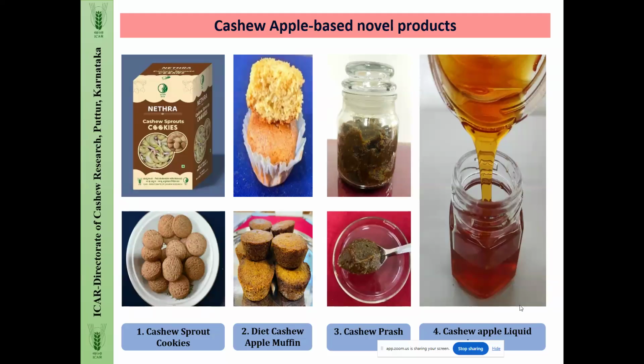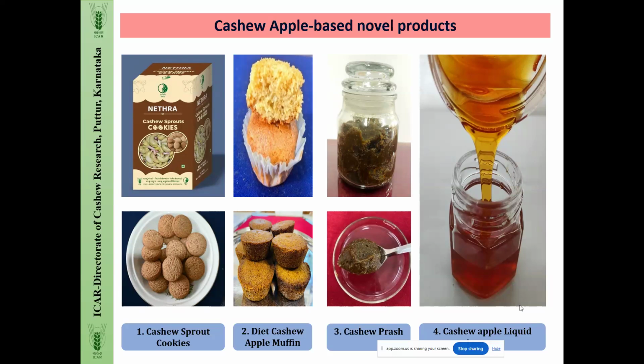Cashew one is cashew sprout cookies. Cashew sprout cookies were mainly developed based on the traditional knowledge which was there in coastal India, or coastal Karnataka. Here there was one practice. People used to go in rainy season to collect the sprouted nuts which are left over in the field. That sprout has very good nutritive value.